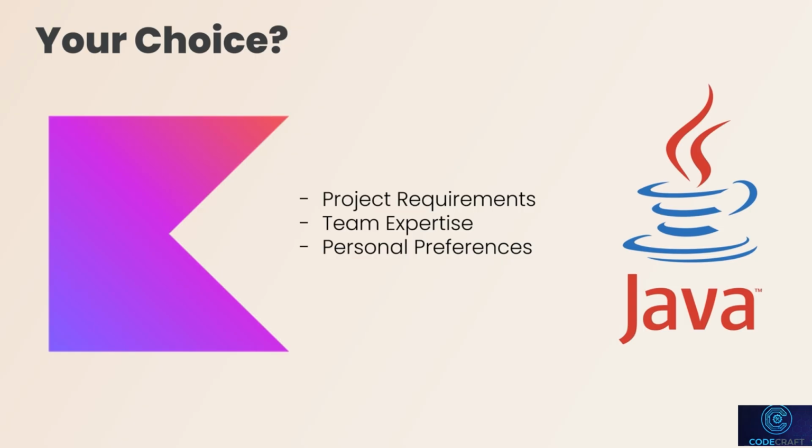Also, choosing between Java or Kotlin depends on your personal preferences. My advice to you is to start with Java, then shift to Kotlin in order to understand all concepts in very deep detail. So my last advice to you is to start with Java, then shift to Kotlin.